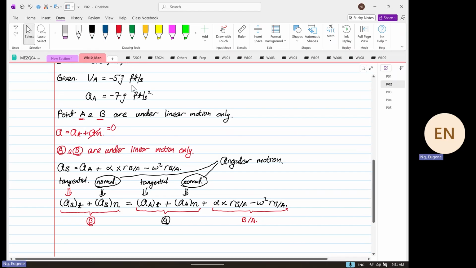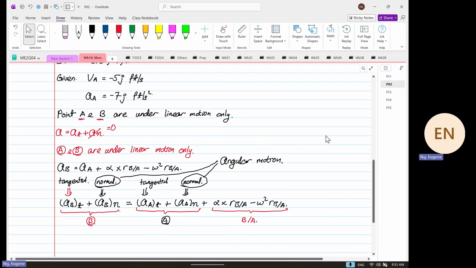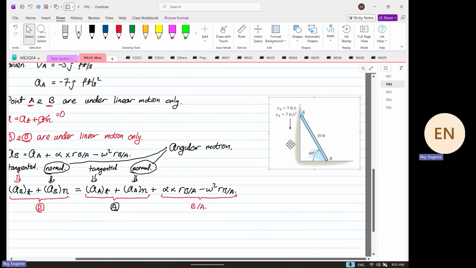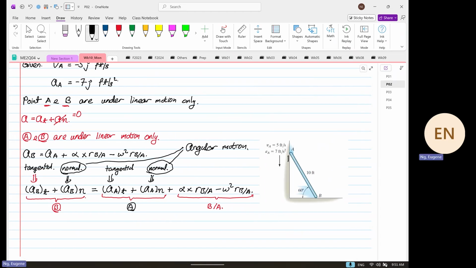But when you look at the motion over here at point A and point B, what we see is point A only has linear motion, and point B also has linear motion. Now, when we have B relative to point A, that's where we have our linear and angular motion. Are we clear? Okay.